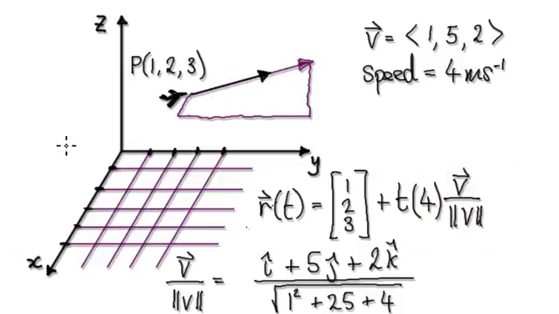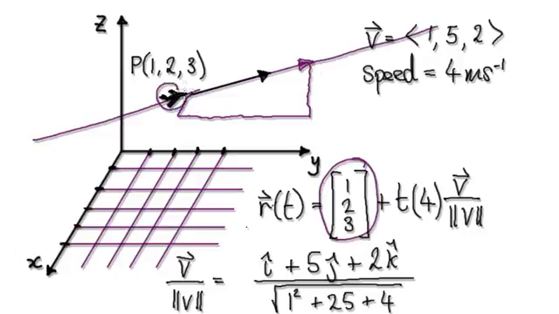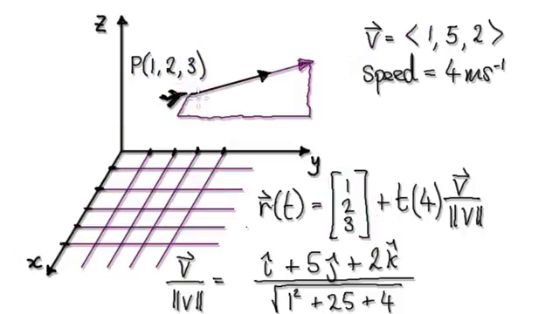So now the equation of our straight line is given by our starting position plus a scalar amount. Currently this is our vector here. If you want to know the plane after 2 seconds, you would insert a 2 into this t.